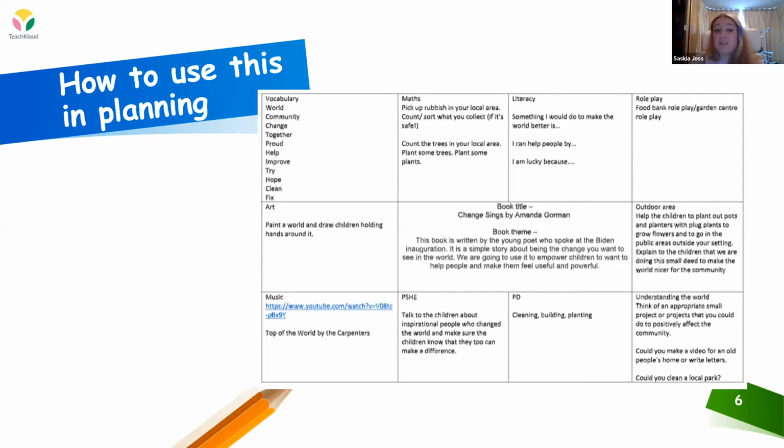And the idea also with the vocab and the language is, if you're using it actively for a whole week, the next week they're going to use those words in their play with each other, which means it becomes something more normal. You set up an environment where the children can speak freely using language they've been taught, and they've also seen it modeled by the adults in their classroom. So a lot of this is also about checking your language and making sure that you're being verbal enough that they can then copy you.